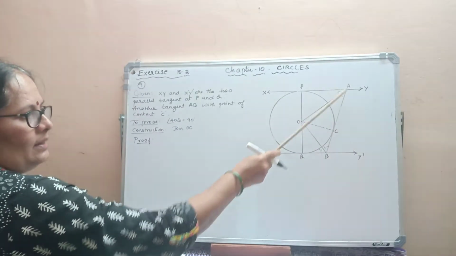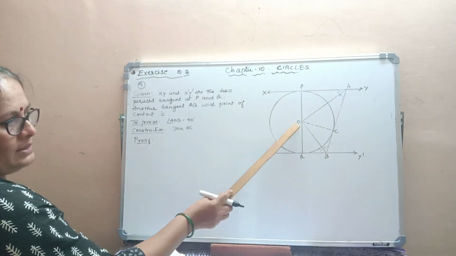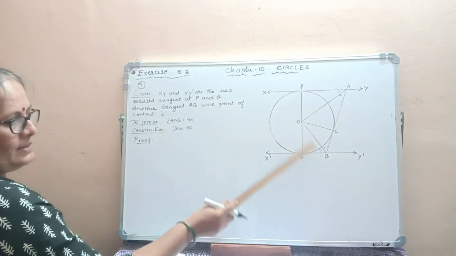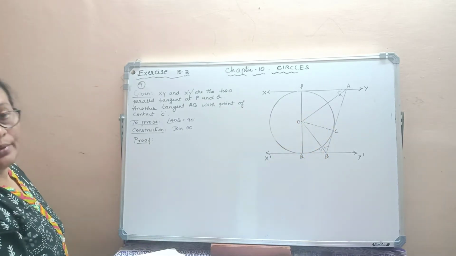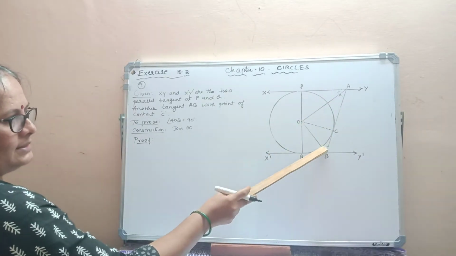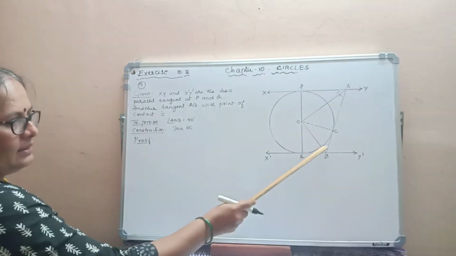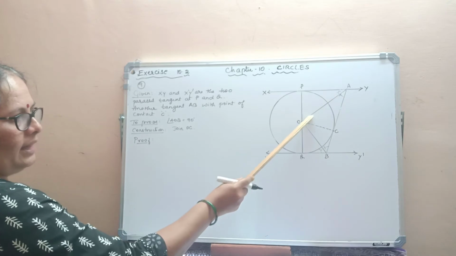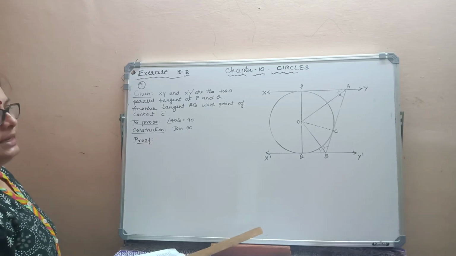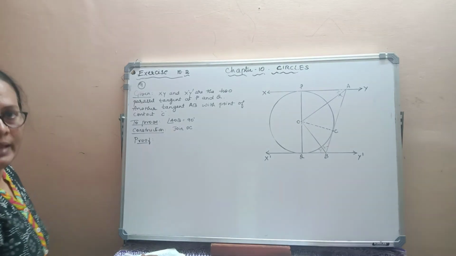But angle A equals twice angle OAC, and angle B equals twice angle OBC. It means angle OAC plus angle OBC is equal to 180 by 2, which is 90 degrees. When these two angles sum to 90 degrees, angle AOB equals 180 minus 90, which is 90 degrees. We can say that angle AOB equals 90 degrees.